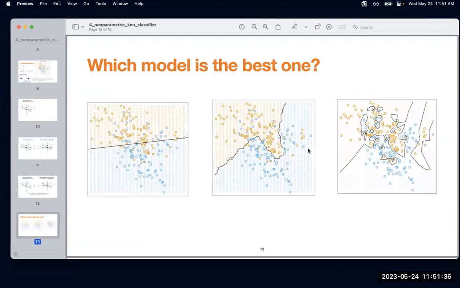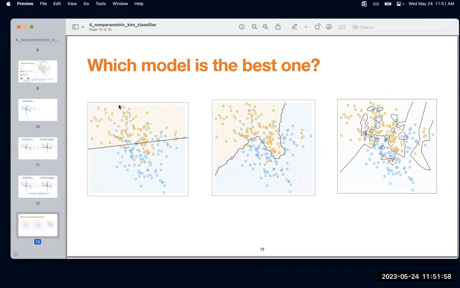So what if we want to compare different models, choosing different k values, and also compare against our previous model, the linear model? Which of those models would we say is the best one?